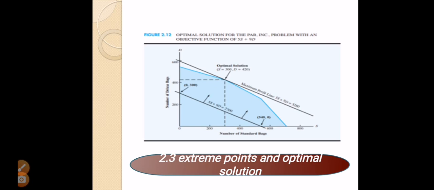This is step 4, wherein the profit line moves parallel towards the larger objective function value, or the maximum profit line, until further movement would take the line completely outside the feasible region. So this is the optimal solution. So let us now go to step 5.